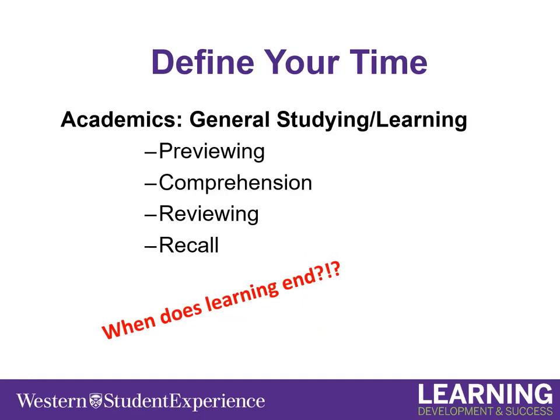right? Then we have the components of academics that happen outside of lecture. And that lecture, whether it's in person or whether it's online, right? Those components of learning happening during the lecture.